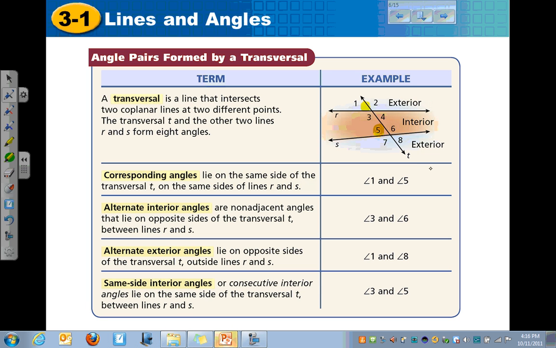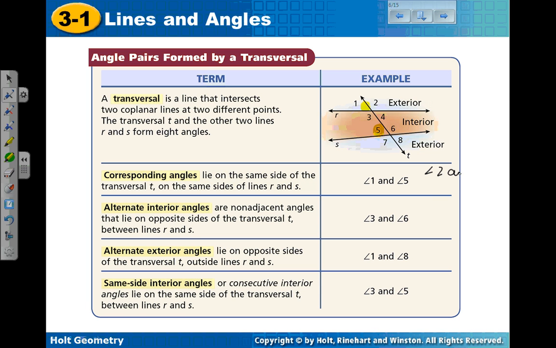So along with angle 5 and angle 1, angle 2 and angle 6 are corresponding to each other. Angle 4 and angle 8 are corresponding. Also, angle 3 and angle 7. So if you can fit those in with your notes, those are all pairs of corresponding angles.